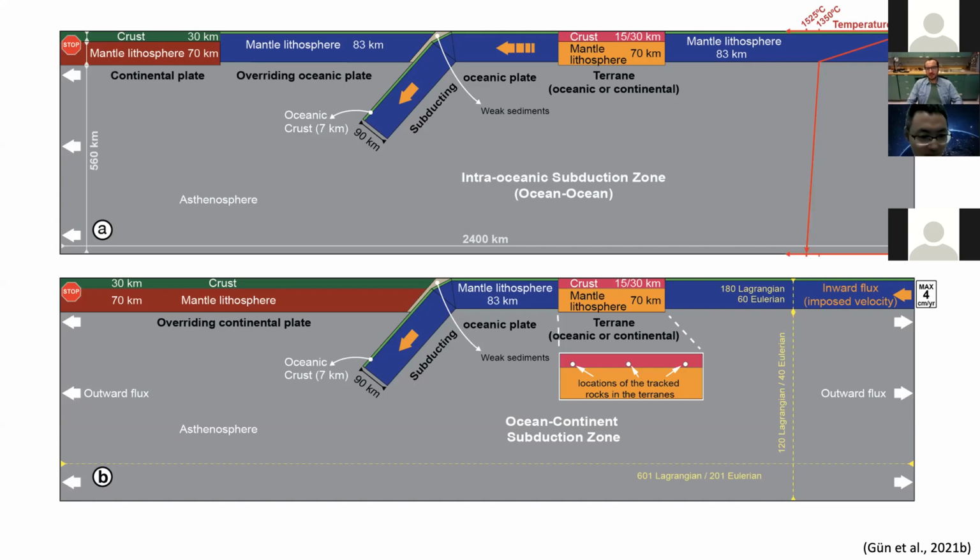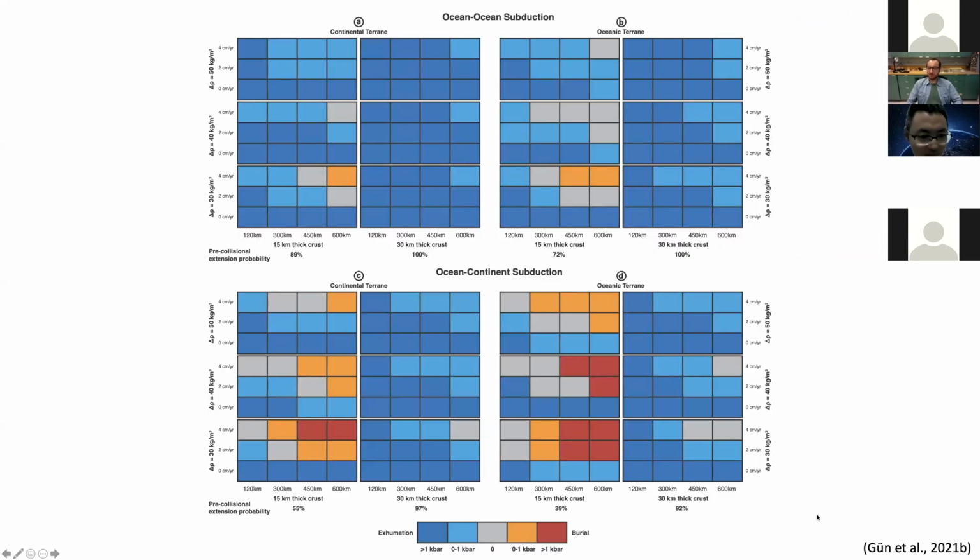So this is a summary of our experiments. What does it mean? Here, these blue colors represent extensional deformation. It's a kind of average of these deformation styles in the microcontinents, for every type of terrain, continental and oceanic.